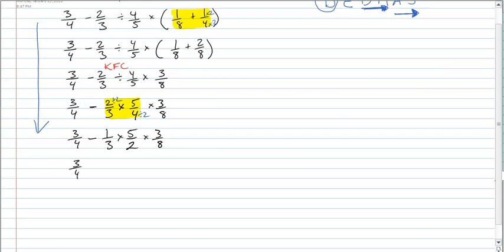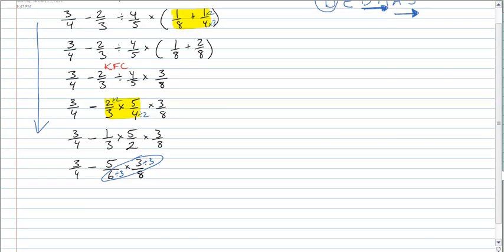3/4 minus, now 1 times 5, remember you multiply numerator times numerator, so 1 times 5 is 5, and then denominator times denominator, 3 times 2 is 6, times 3/8. So now I'm working on this one, and again I can simplify this by dividing this by 3 and over here by 3, because I can go crosswise here.